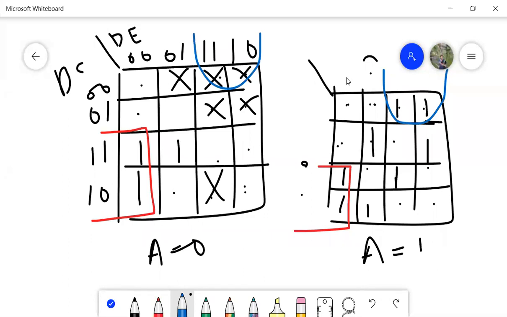Then the third one I want to take is this and this can be paired. So I've taken this. Then this cannot be paired with anything over here. This also cannot be paired. So whatever is left out will be an individual single minterm.